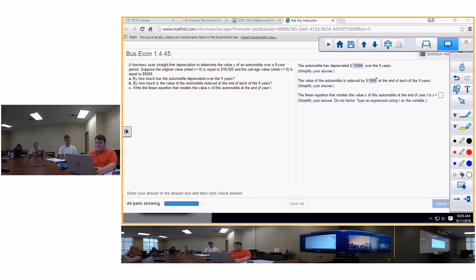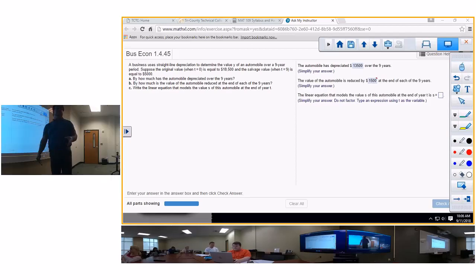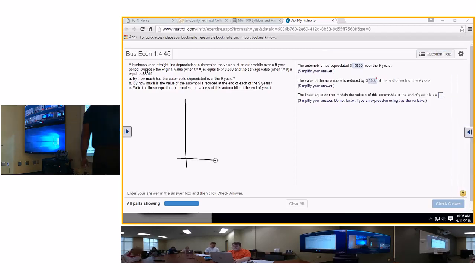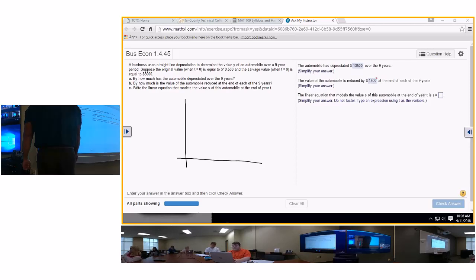Because a lot of times, math is like physics. You can't make heads or tails out of it until you do what? Draw a picture. Unless you're Rain Man. And if you're Rain Man, you don't need to be in this class. 18.5 is 0, so t is equal to 0 is right here.